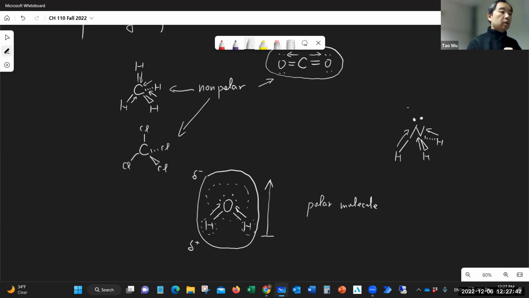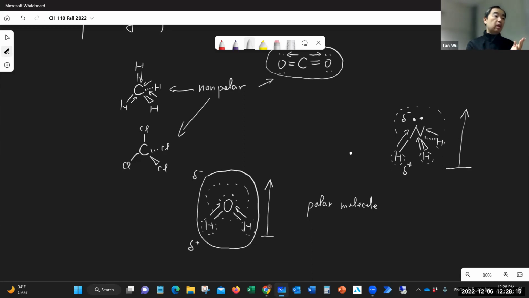Overall, more electrons dominate on the nitrogen side, but fewer electrons dominate on the hydrogen side. If you look at the 3D geometry, there's going to be a trend. The top nitrogen side has a more partial negative, but the hydrogen side has a more partial positive. So that's why ammonia is also a polar molecule.